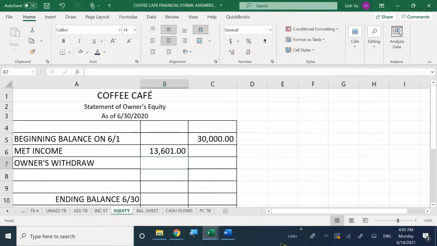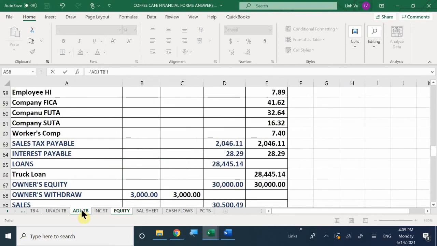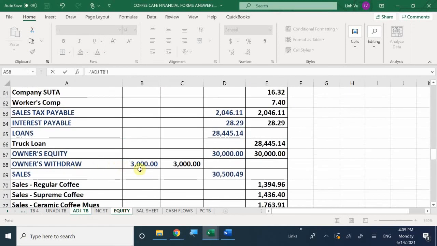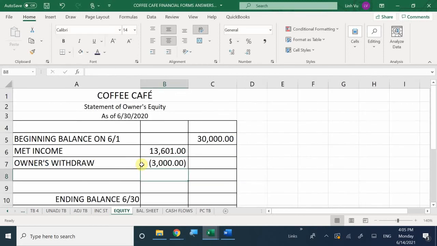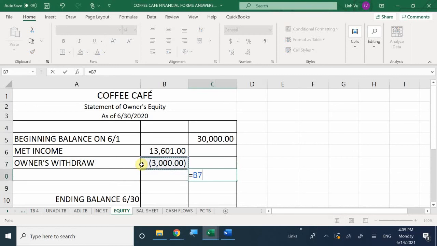And then, of course, owner's withdrawal reduces your amount of equity. So in this case, how much was my owner's withdrawal for? $3,000. So I'm going to calculate this on the side. This is how much I'm going to increase or decrease my amount of profit, right?